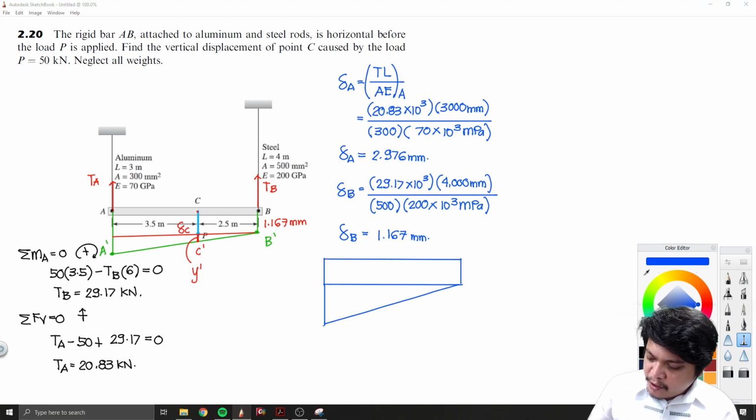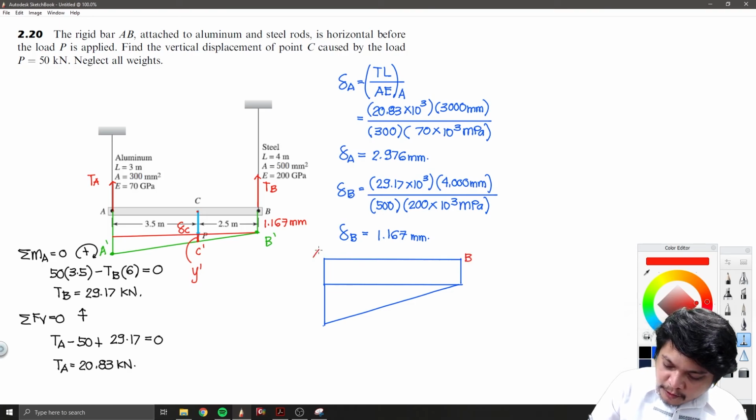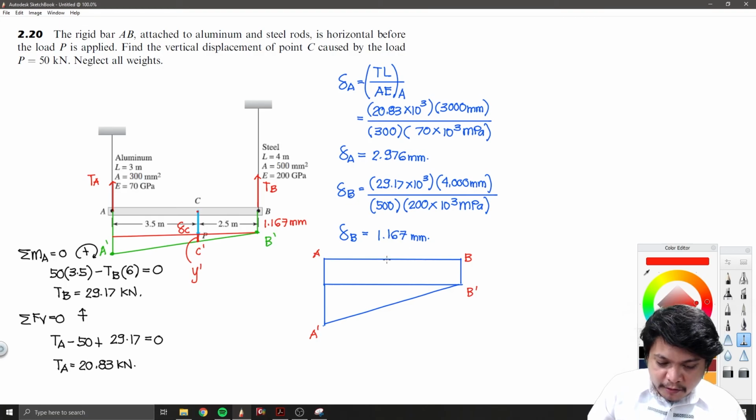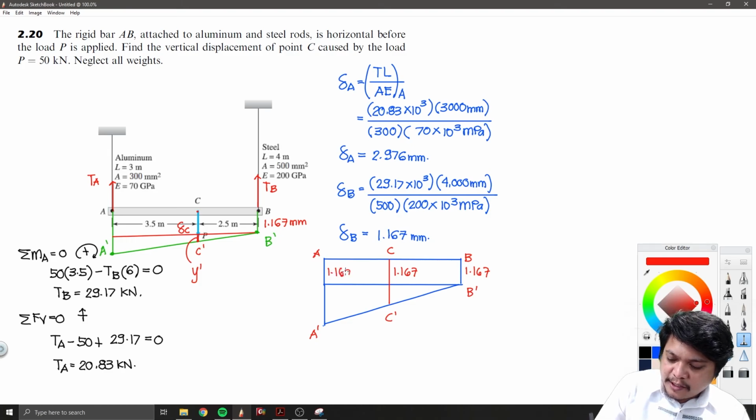So, ito na yung point B. Ito yung point A. Ito yung A prime. Ito yung B prime. And then, ito yung kailangan nating malaman. So, we will be having here C prime, and then this is the C. This distance is automatic 1.167. Ito, that is 2.976 minus 1.167. That's 1.809.